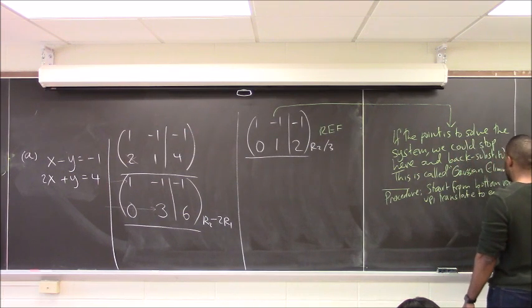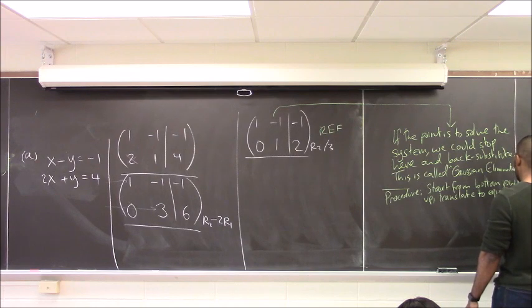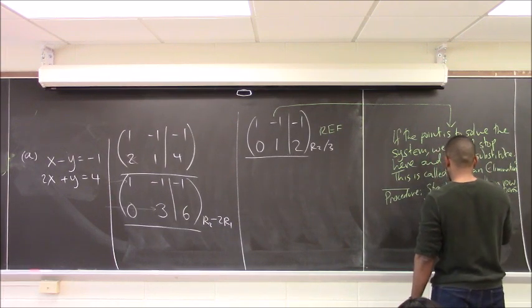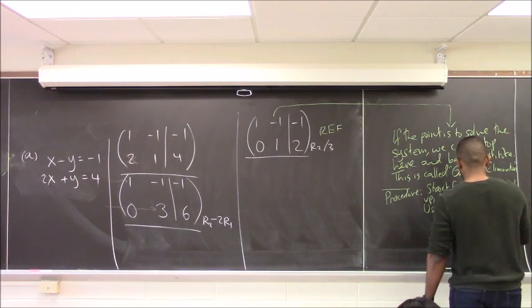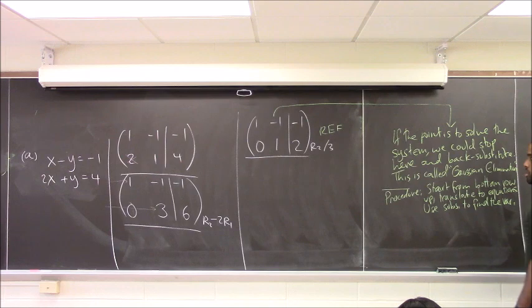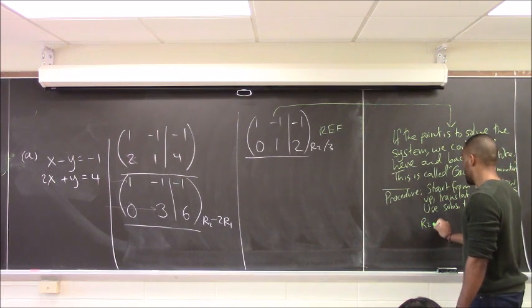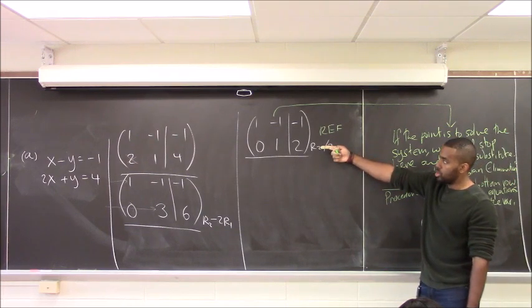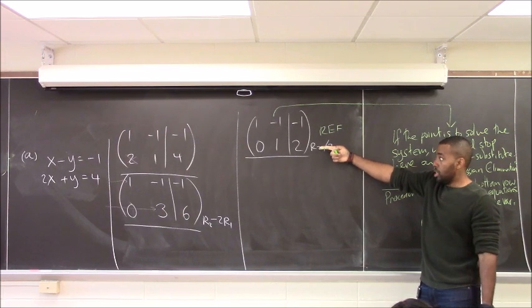Translate to equations and use substitution to find the variables. So, for example, the bottom row here is row 2. Now, according to row 2, what is the equation that row 2 gives us? Yeah? Y equals 2.